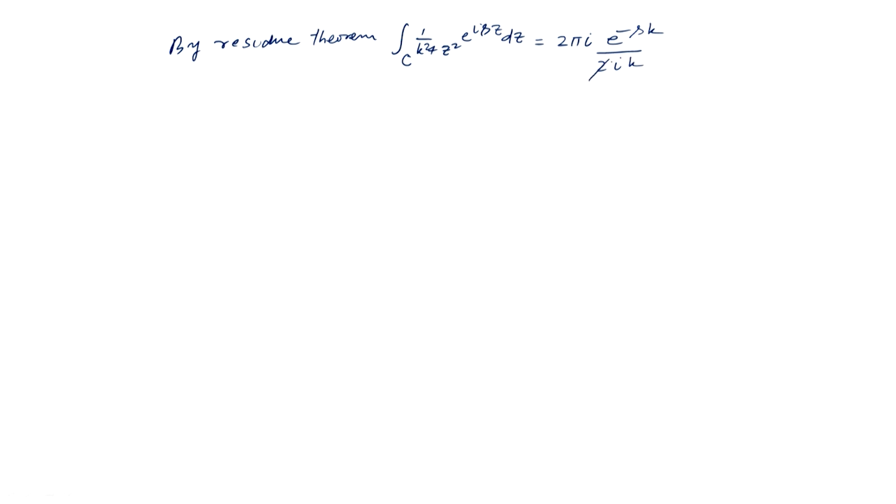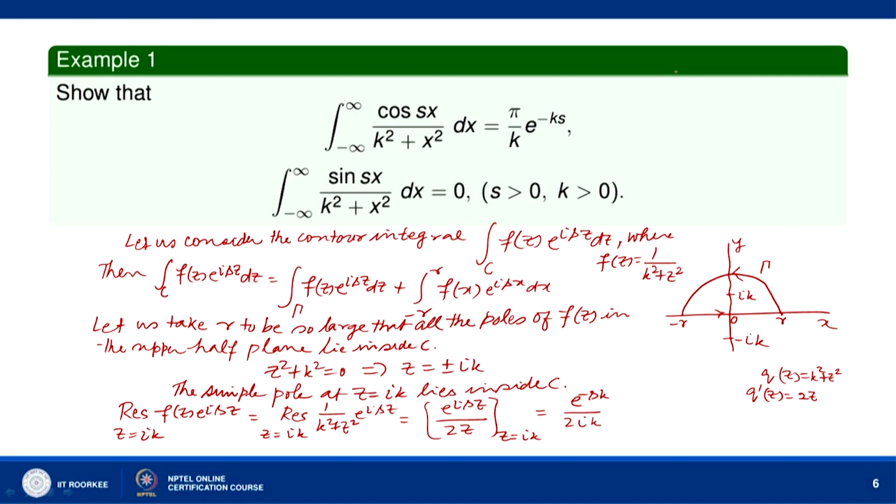So, this cancels with this and we get pi times e to the power minus sk over k. So, we have found the value of the integral over C of f(z) dz. Now, let us go back and see what we have to do next.